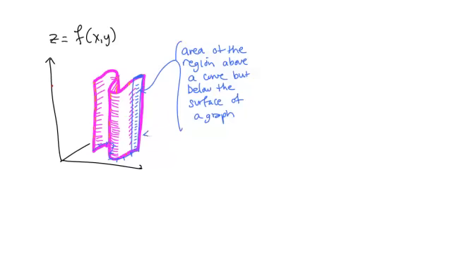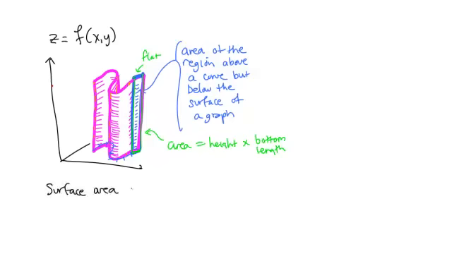But if we assumed that the top was flat as opposed to being curvy right here, then the area of this region would be nothing more than its height times the length of its bottom segment. And so we can start turning this into some kind of summation process. We would find that the surface area could be approximated by adding up all of these rectangular shapes right here.